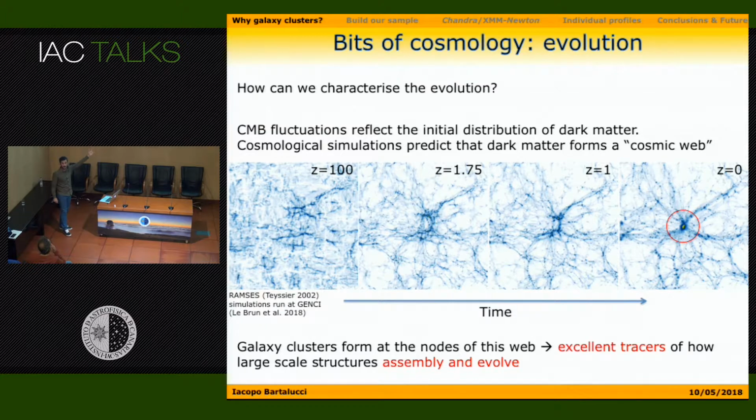So galaxy clusters evolve and form at the nodes, at the intersections of this cosmic web. So galaxy clusters are excellent tracers of how large structures assemble and evolve. That's why we are so interested in galaxy clusters.